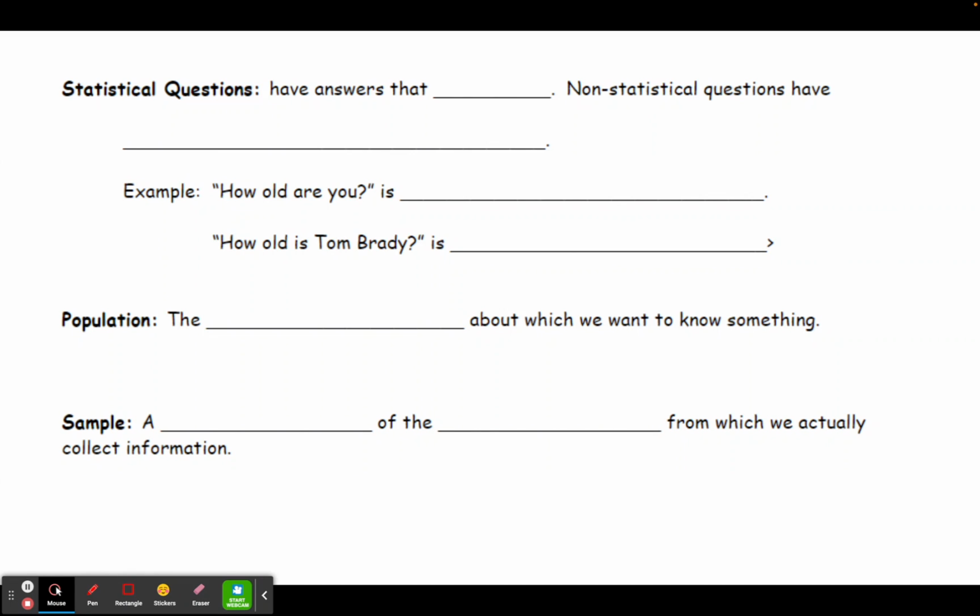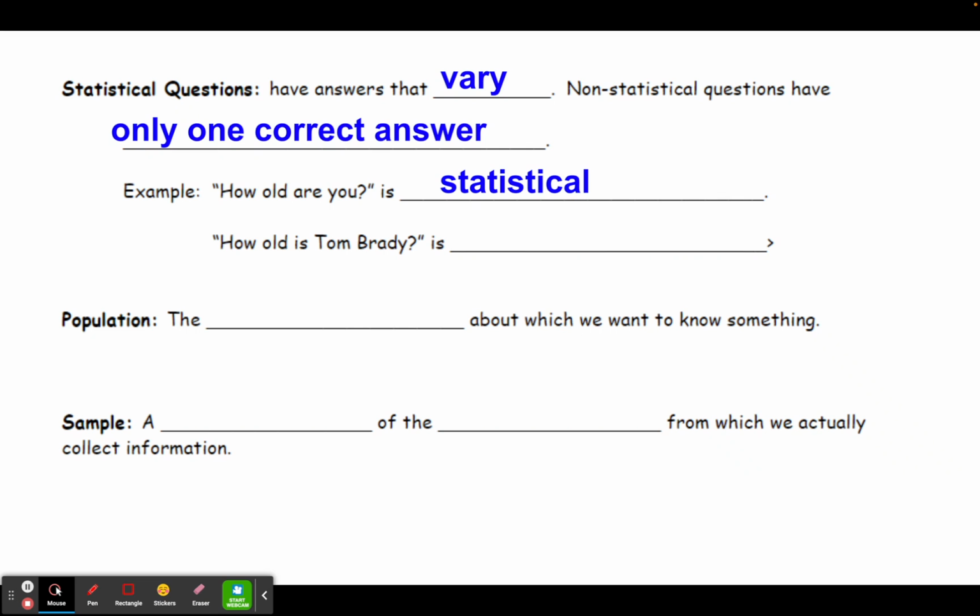Again, statistical questions are questions that have answers that vary. Non-statistical questions only have one correct answer. For example, how old are you is statistical, because when I go up to 25 different people, I might get 25 different correct answers. How old is Tom Brady is non-statistical, right? There's only one answer to that question, even though not everybody will know it.